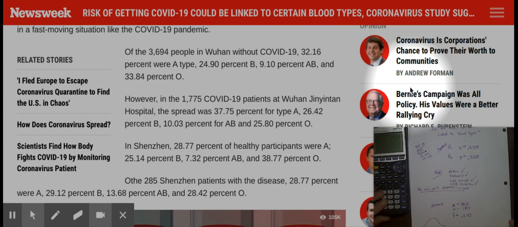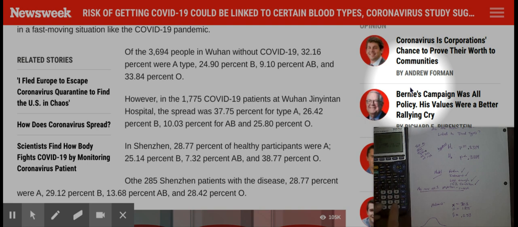All right, let's get into the calculator. Stat test. We're about to perform a 1 proportion z-test, choice 5. The null hypothesis suggested that 33% of people have type O blood. So there should be 33% of people of the infected sample that are type O blood.